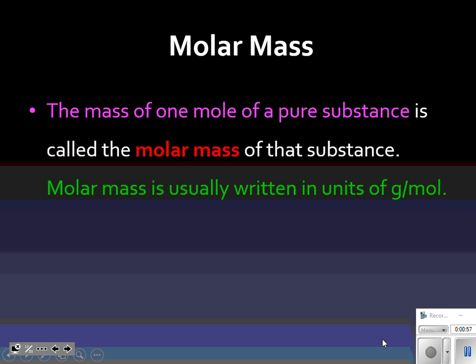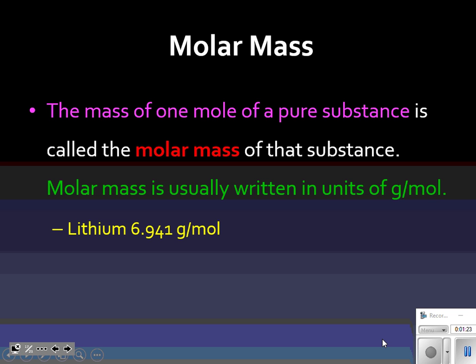mass. So, when we talk about the molar mass, it is how much a pure substance weighs. The molar mass is usually written with the unit of grams per mole. All right? Grams per mole. So, if I look at lithium, let's find lithium on the periodic table.